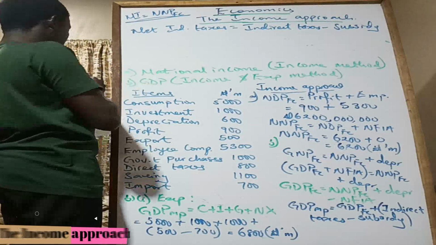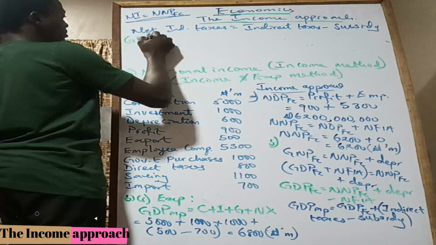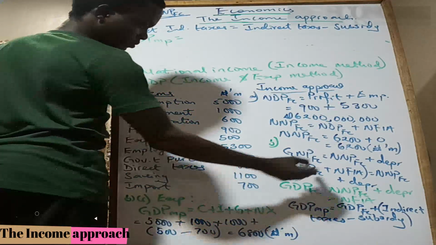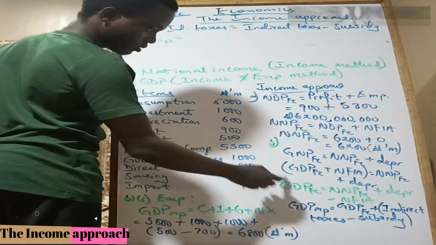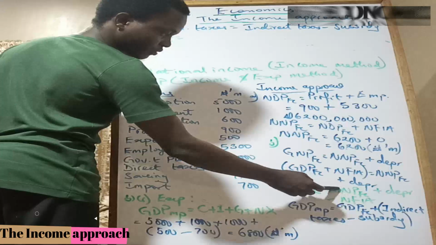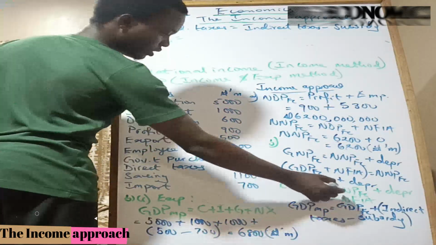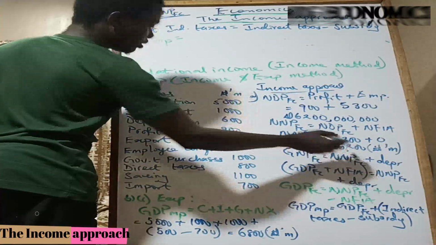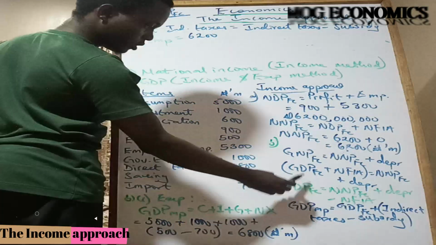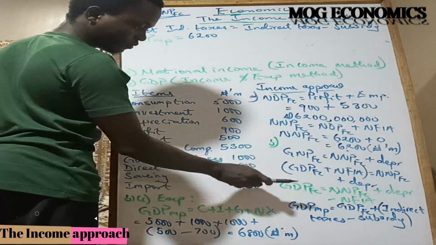So GDP at market price using the income approach is going to give us GDPFC. GDPFC is NNPFC plus depreciation minus NFIA. So NNPFC, which is here, gives us 6,200. I'm just trying to calculate GDPFC from what we already have here.